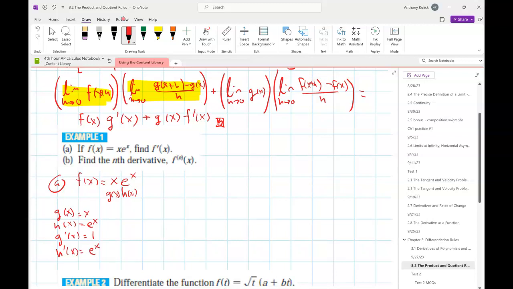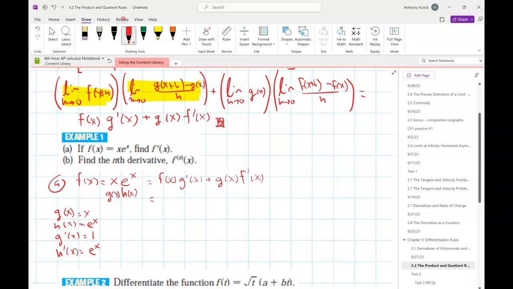That was one of the derivative rules from last time. I'm sorry, that's not the way we wrote it in the formula. Let's keep it the same so nobody's confused. f times g prime plus g times f prime.